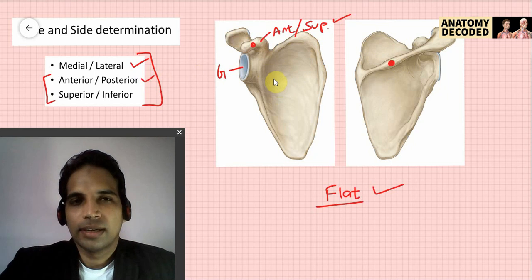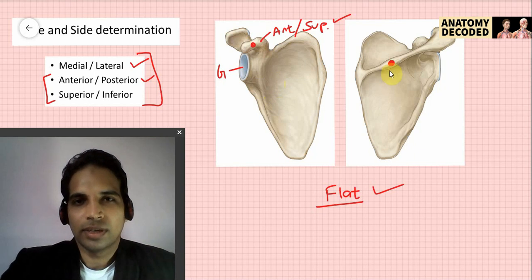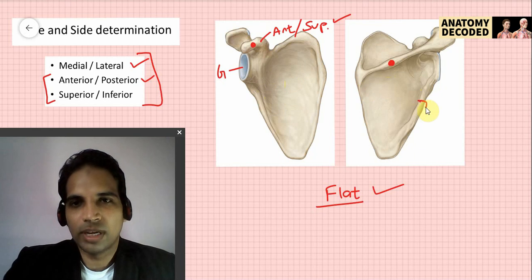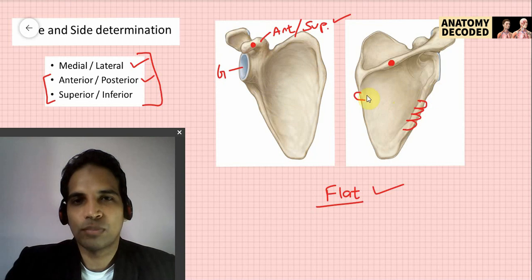Right-sided bone should always be held in the right hand, and left-sided bone should be held in the left hand. Supposing we are holding the scapula, we'll hold our fingers here, thumb somewhere here like this. Scapula will be held in the anatomical position like this. Fingers on the lateral border of the scapula, and thumb along the medial border.